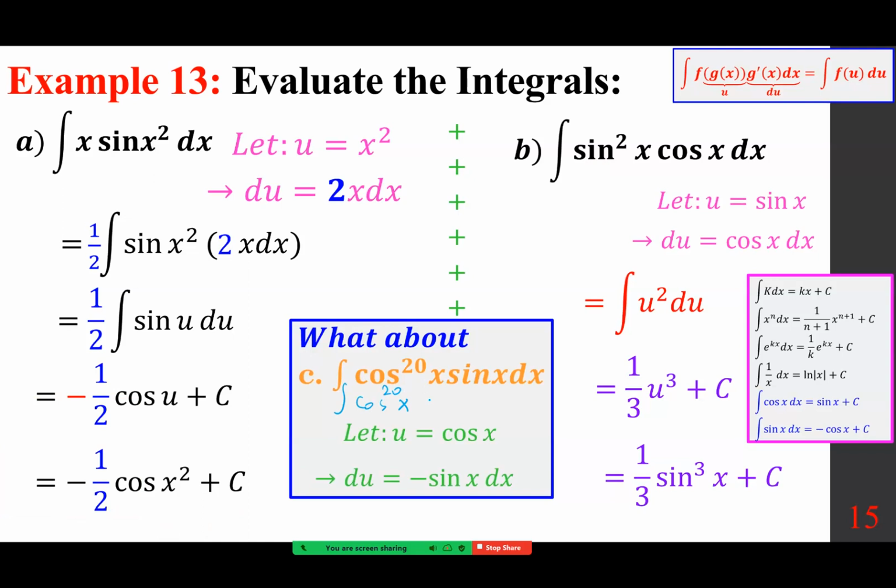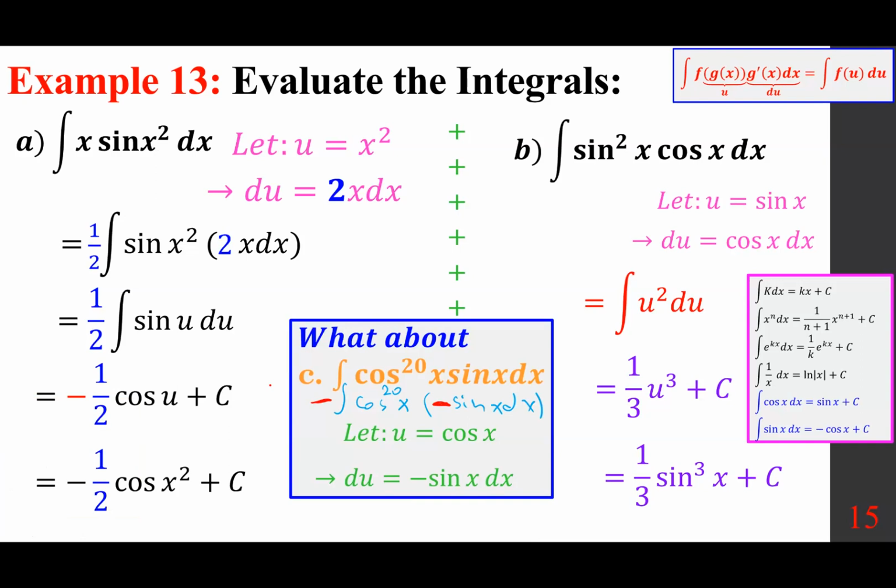Cosine to the power of 20 of x, sine x, I'm going to put a minus sine x dx. In fact, let me use a different color so you see what I'm going to do. I need a negative sign, so I'm going to put a negative outside. I'd ask you to do this at home, class.